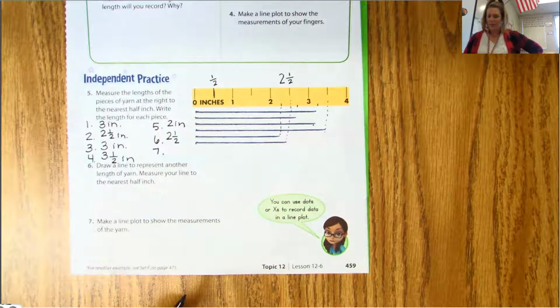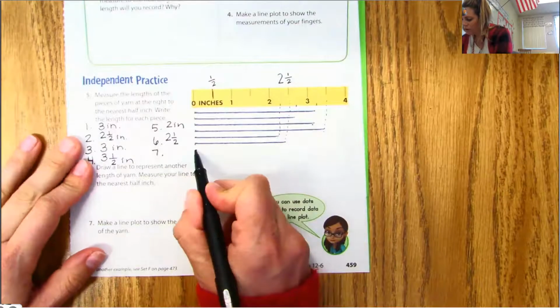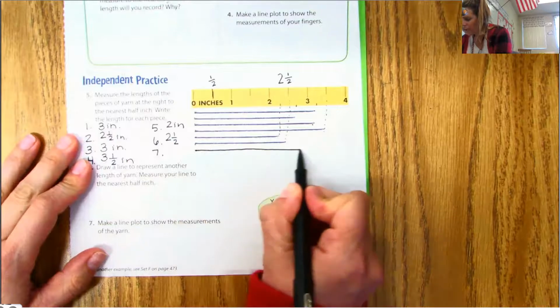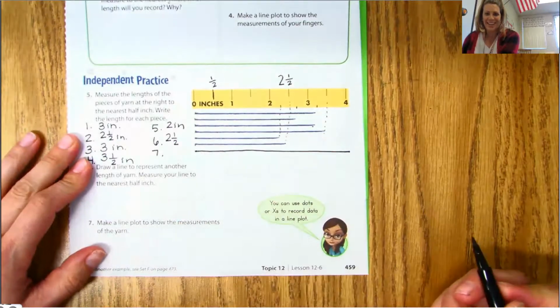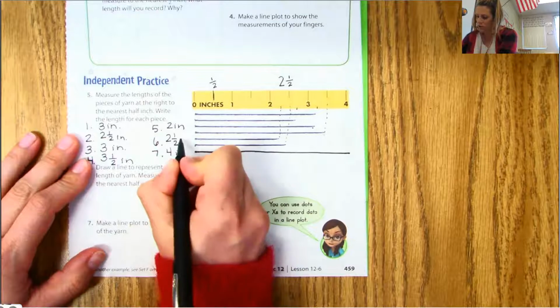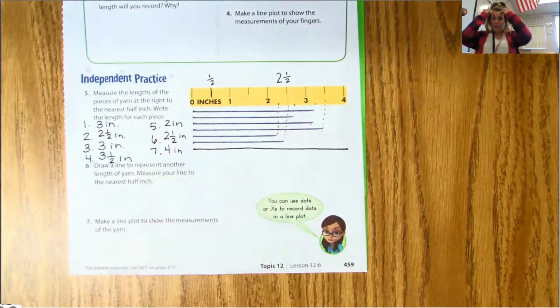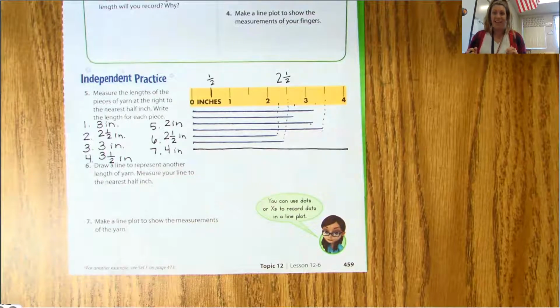So if we started at our 0, we would draw it all the way to 4. And that one would be 4 inches. Forgot to write inches here. All right, so now our brain is saying 7, 7. Our line plot has to have 7 dots now, not 6.